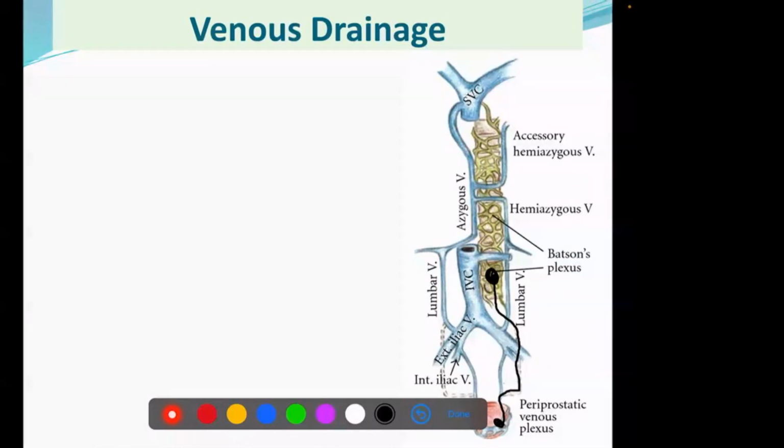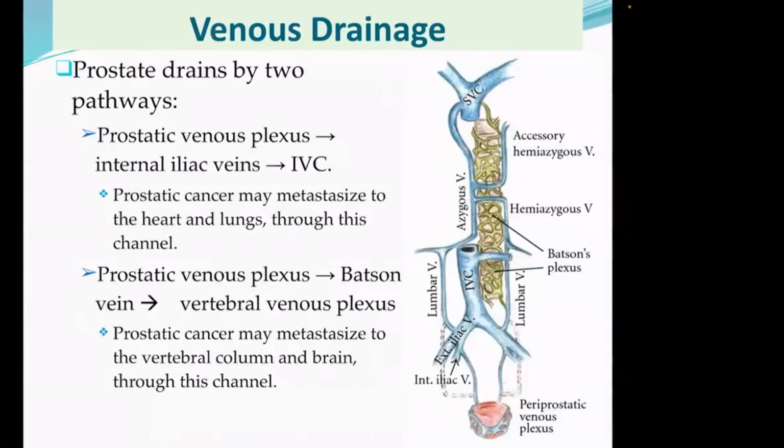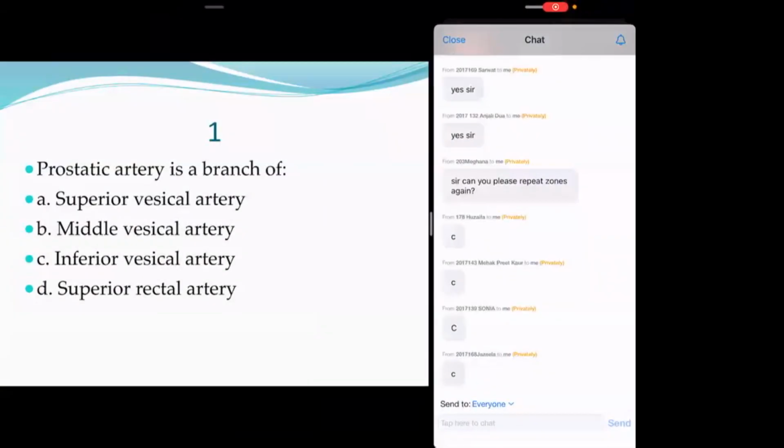That's why vertebral metastasis is the most common site in cancer prostate, then lung. So there are two pathways: one goes to the inferior vena cava, and the other goes to the vertebral venous plexus via the Batson vein. So remember that, okay? Fine.